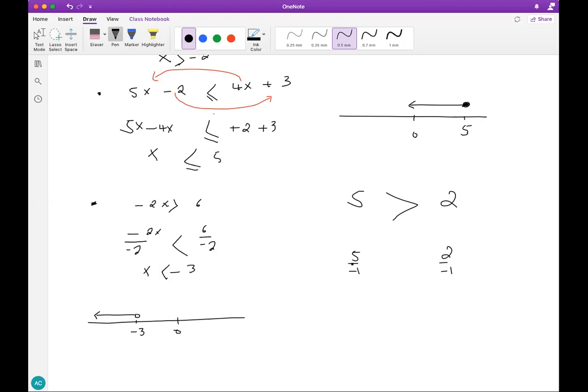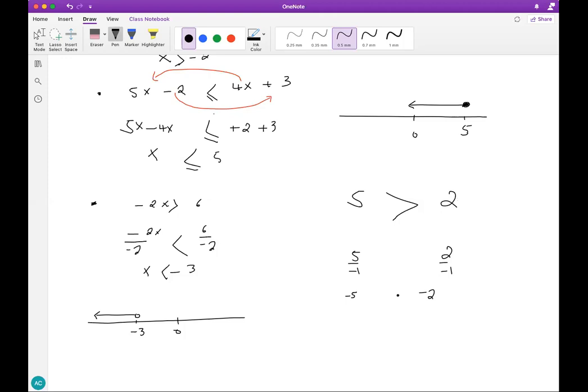It is -5. Positive divided by negative is negative. And 2 divided by -1 is -2. So here 5 is greater than 2, makes sense.